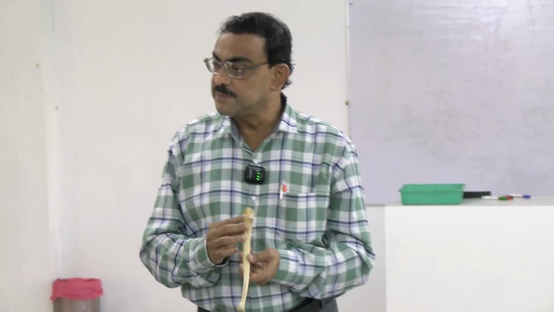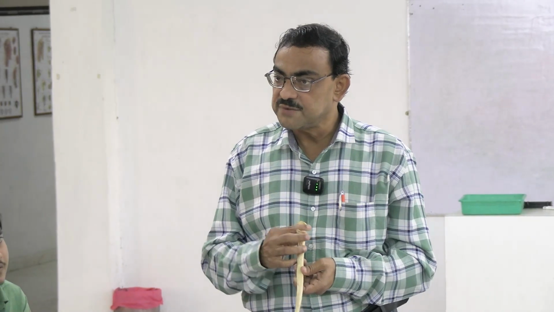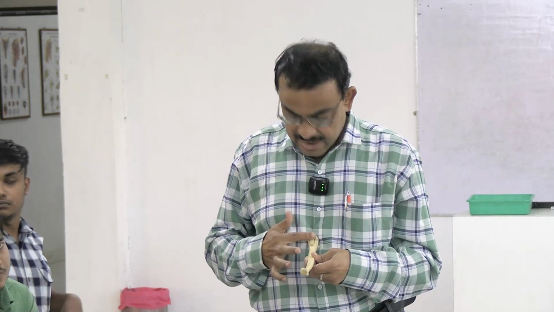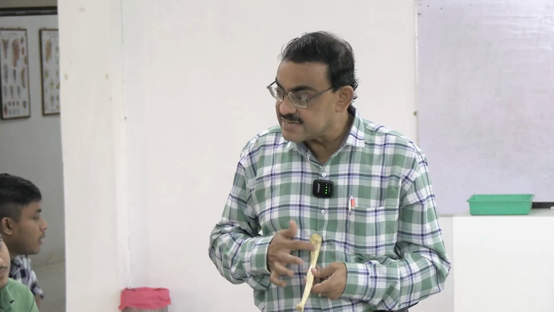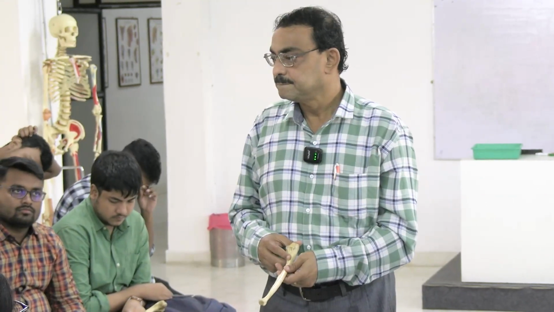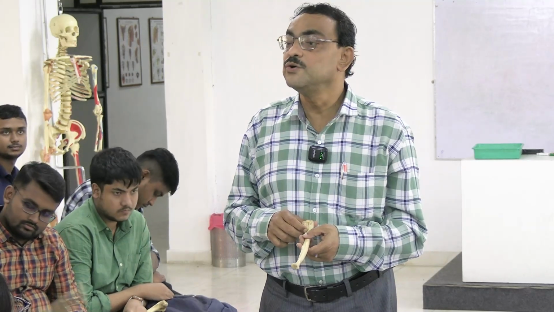it has got superior surface or trochlear surface. This is the anterior surface, superior surface, inferior surface, and this is the anterior surface. And in the anterior surface you can find a rough bony area, which is called tuberosity.